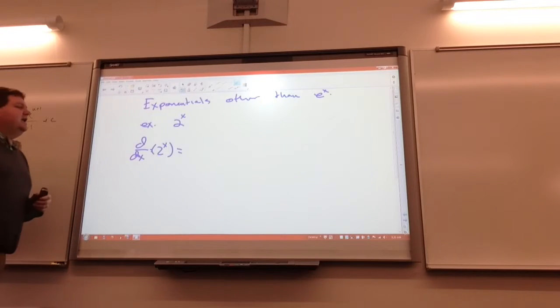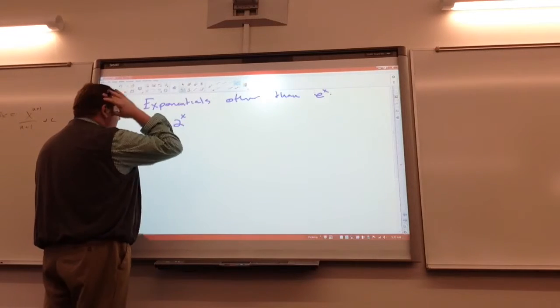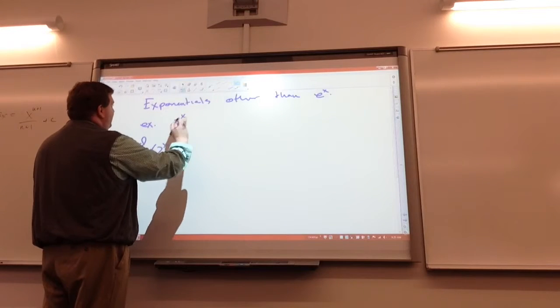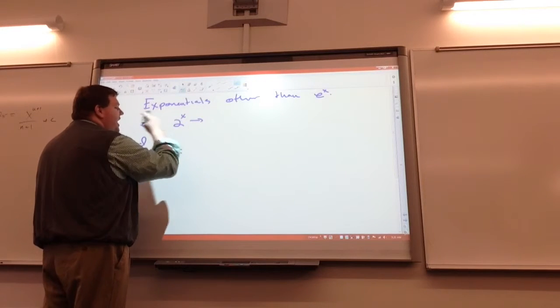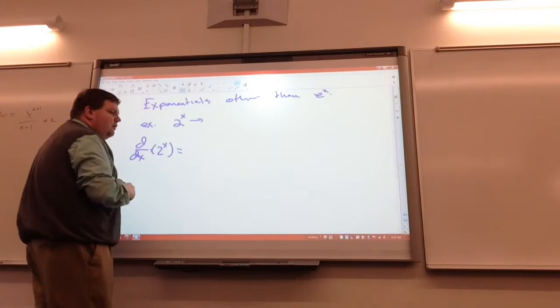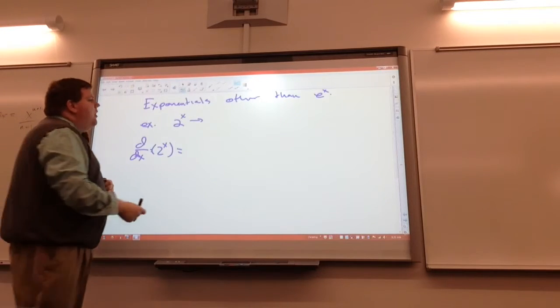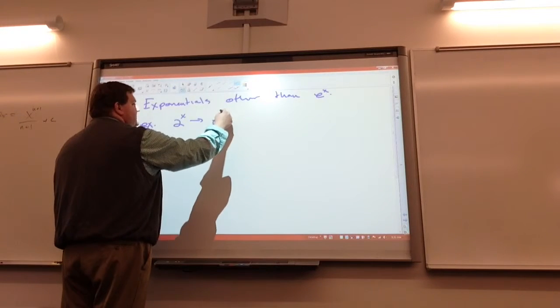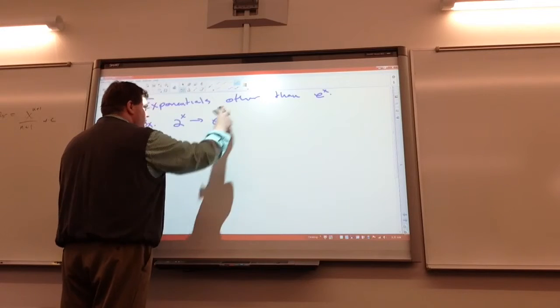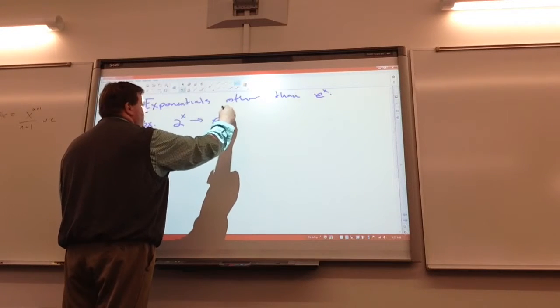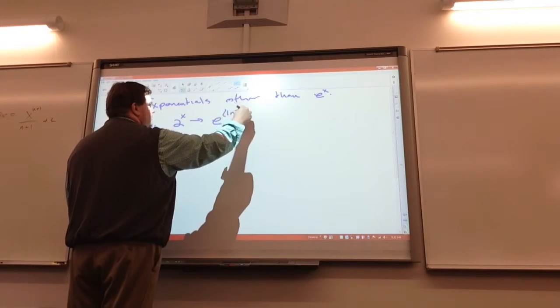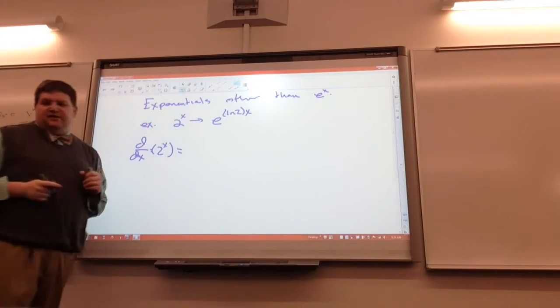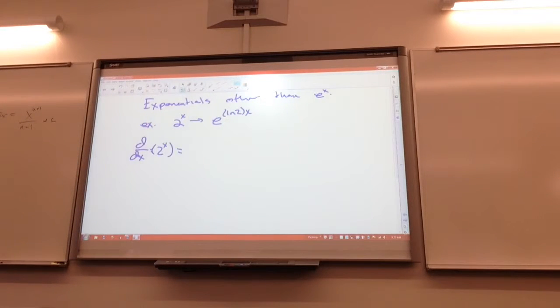And, pulling from pre-cal over a year ago, 2 to the x, rewriting it in terms of e, becomes e to the natural log of 2, all to the x.